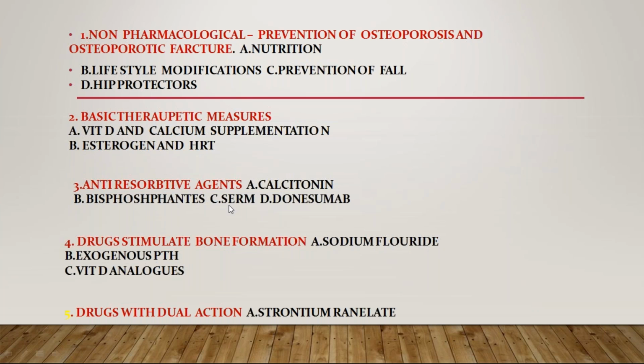In women, we can go for hormone replacement therapy also. And drugs with dual action, that means strontium ranelate. Remember this drug name, strontium ranelate. It has both anti-resorptive action and bone formation stimulating action. This drug has dual action. We'll see one by one.